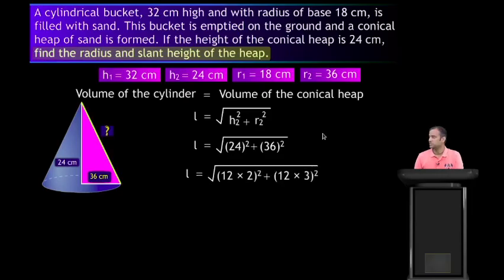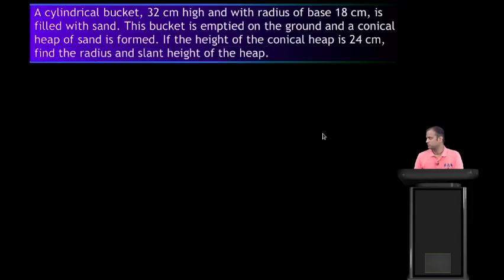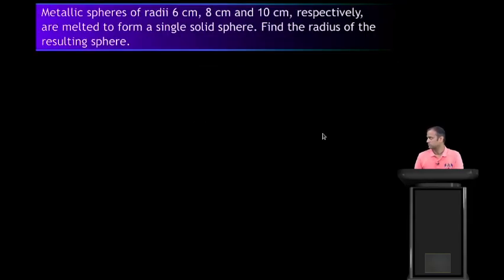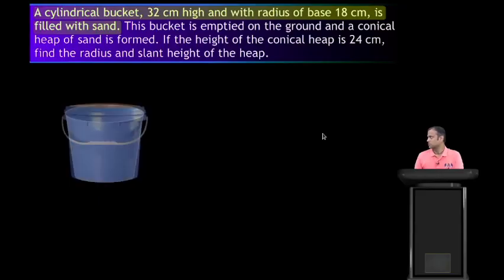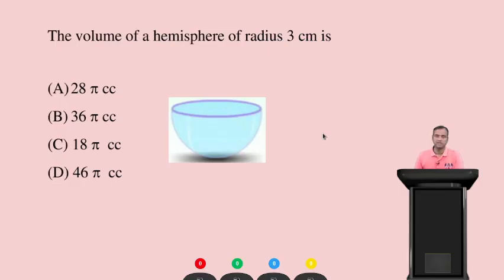L equals the square root of r square plus h square, so it is 24 square plus 36 square. Then we can find the slant height.